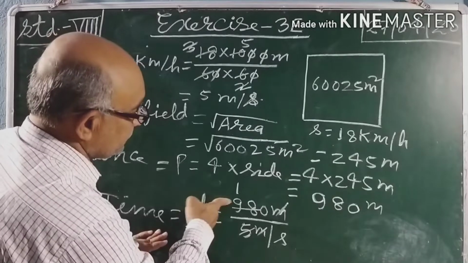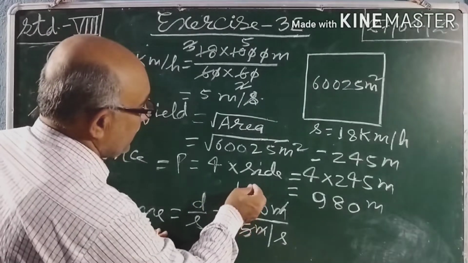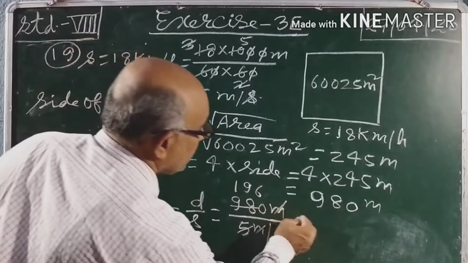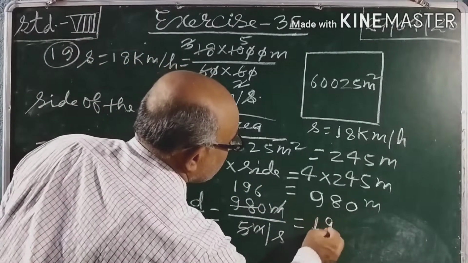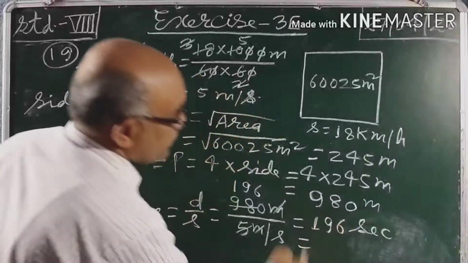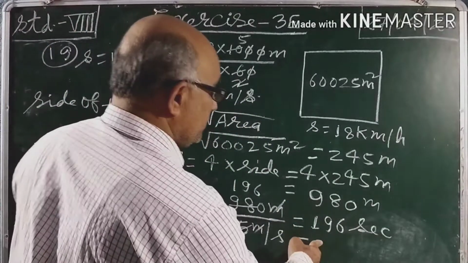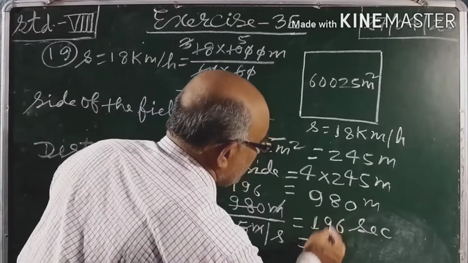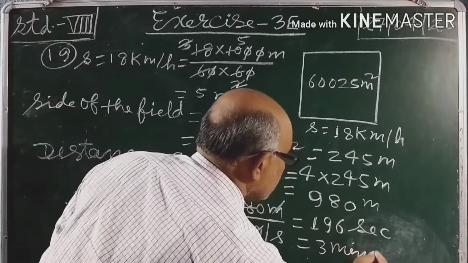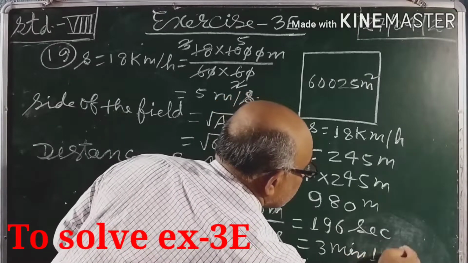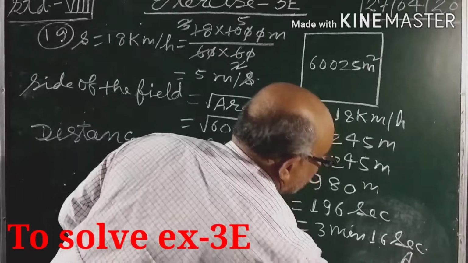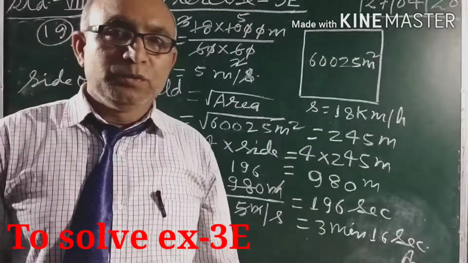Here 4, 8. 5 9 is 45. 5 6. That means 196 seconds. Change it, divide by 60. So 3 times 60 is 180. So 3 minute 16 second is the answer of this question. Thank you. That's all.